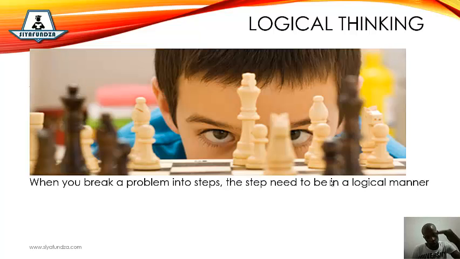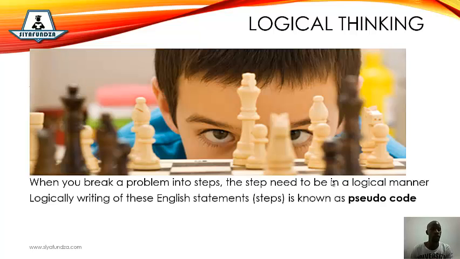You don't start by getting the answer. It has to be in the correct order and correct sequence, right? So logically writing these English statements or instructions, or the steps as we call them, is known as pseudocode, right? Pseudocode is just English statements or your steps that you will have written. That is your pseudocode, and pseudocode helps you to plan your code, the actual programming code that you'll be writing.